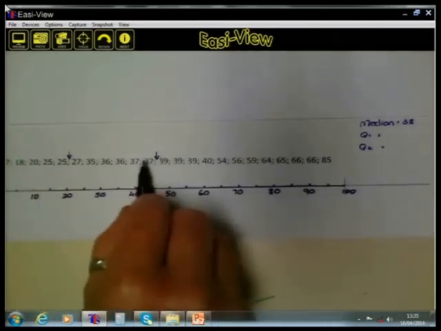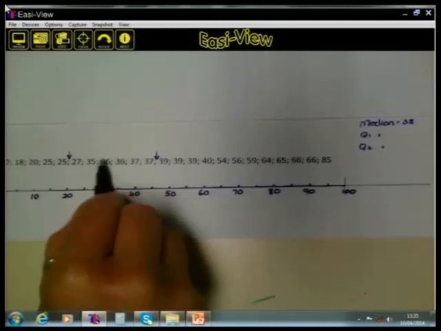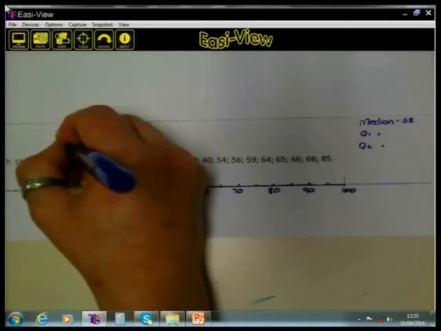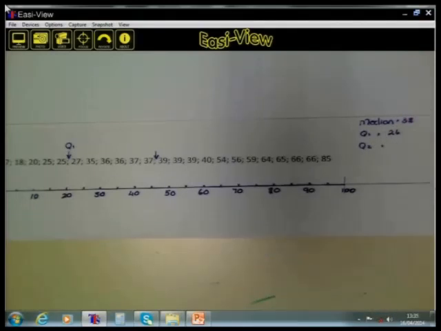And on this side, we will also have 1, 2, 3, 4, 5, 6. So our Q1, which is going to be here, is between 25 and 27. And in this case, we are going to call it 26.